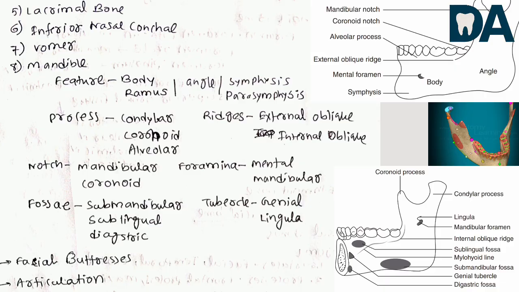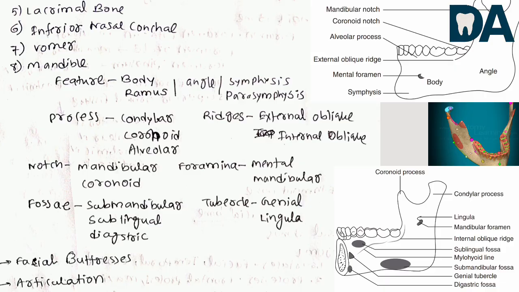Coronoid process. Sharp triangular projection from the upper border of the ramus that provides attachment to muscles of mastication. Alveolar process. A part of the mandible that bears the teeth.